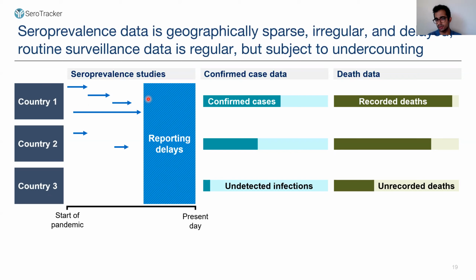And so the question then arises, is there a way to triangulate between seroprevalence data and other sources of data in order to understand what seroprevalence is in the time periods between seroprevalence studies and up to the present day when seroprevalence data isn't available, but when we have case and death data to nowcast a little bit, if you will.